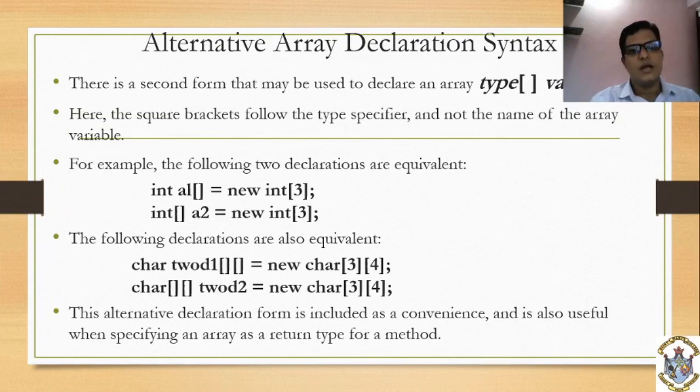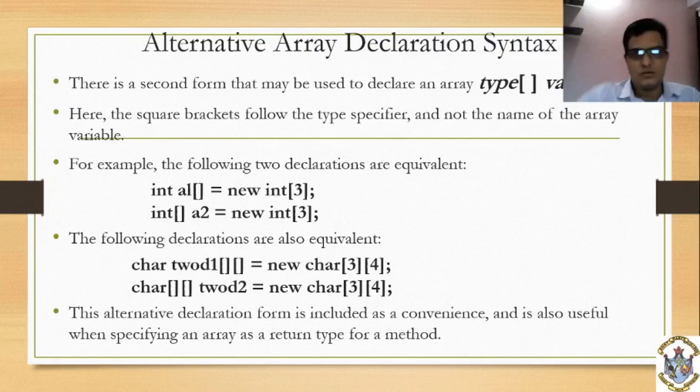Got it? And next one is alternative array declaration syntax. Then how can we declare the array? We can declare an array as we have learned from the first slide till now, by using data type followed by the name of the variable followed by the square brackets, equal to new data type of size.